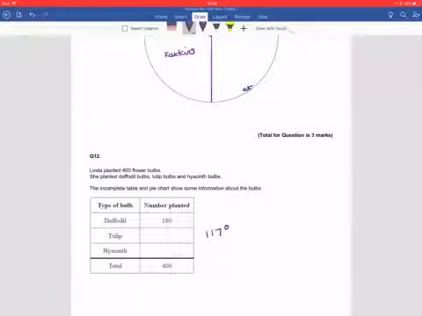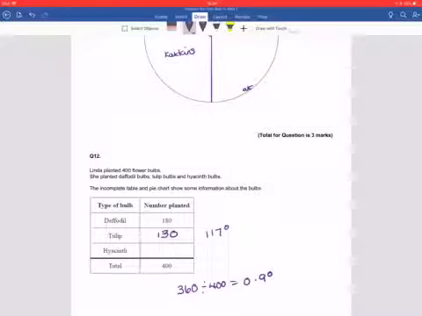Okay, so 360 divided by 400 is 0.9 degrees for each one. So I need to work out how many tulips there were, so I'm going to do 117 divided by 0.9, and I'm going to get 130 for the tulips.